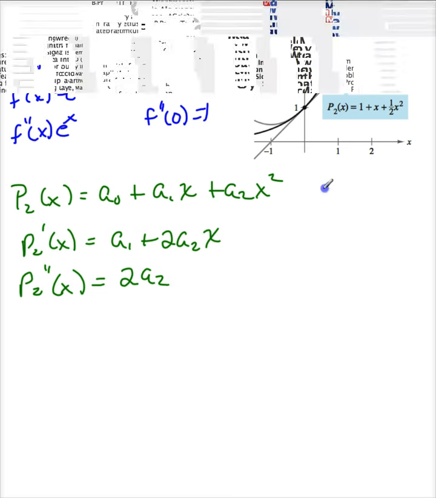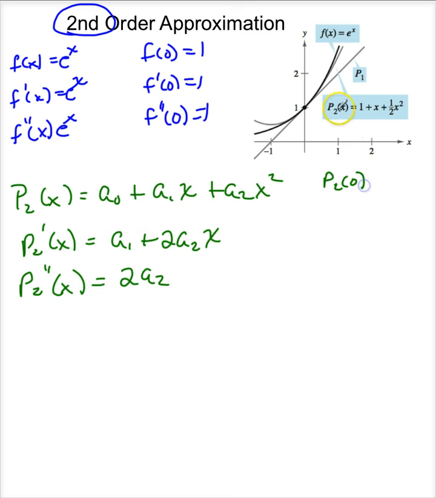So now let me find P2 of 0, because that's the point we're looking about, and that's just going to be a0. P2 prime at 0 is simply a1, and P2 double prime at 0 is 2a2.